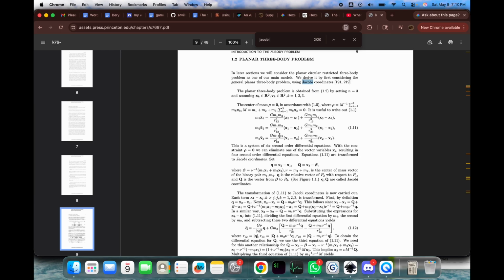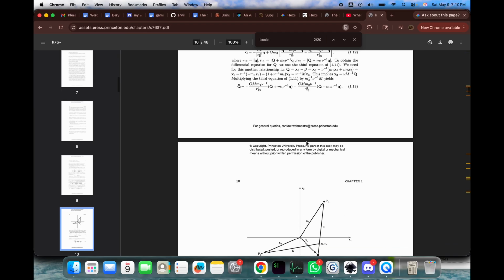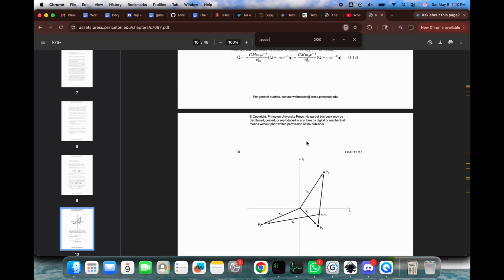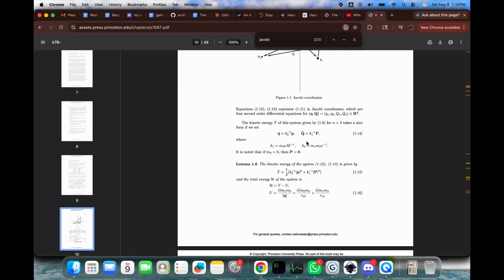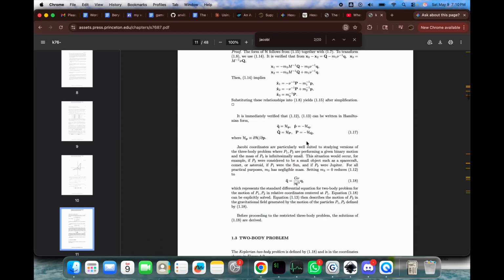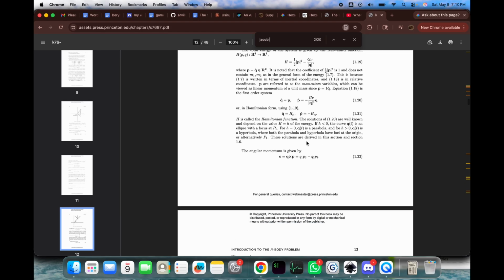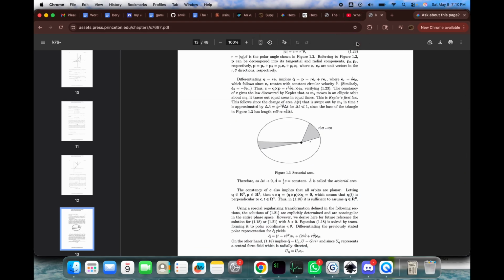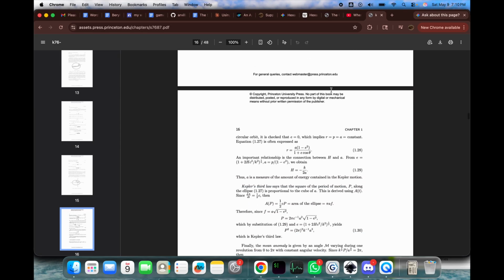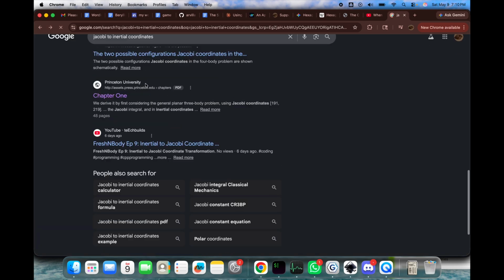The transformation of 1.11 is the... yeah, this is some deep math, which I'd need to actually read, but I'm not willing to read this right now. Two-body problem. Okay, never mind.